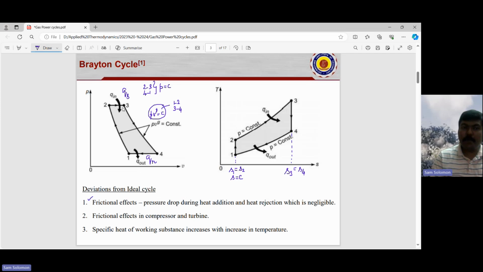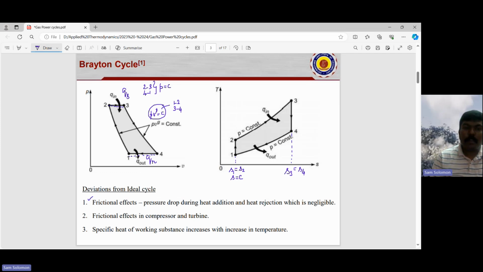There is going to be a deviation in the pressure. So your 2-3 can drop a little bit, and your 3 may shift somewhere down over here. And similarly, when you have a pressure drop during the heat rejection, your 4-1, you may have a pressure drop once again.